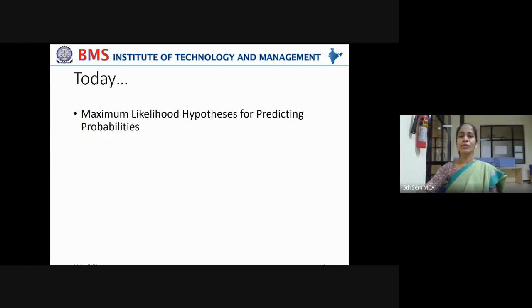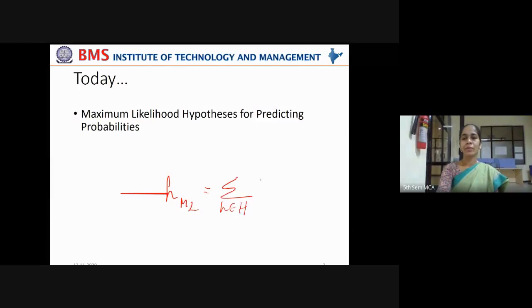Today, we are going to connect how predicting probabilities is related to maximum likelihood hypothesis. You know what is maximum likelihood hypothesis, right? We have derived that h_ML is argmax over h belongs to H of probability of D given h, right?